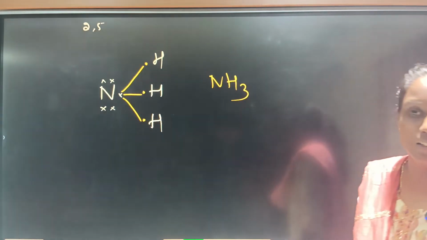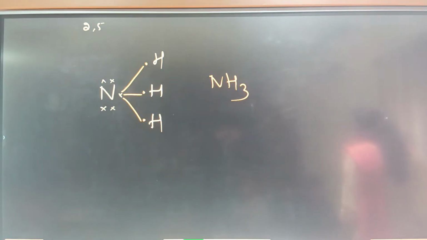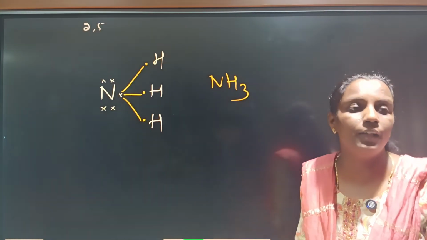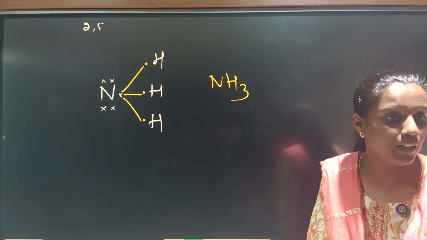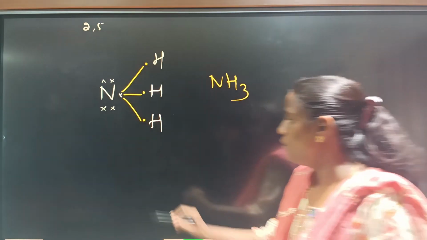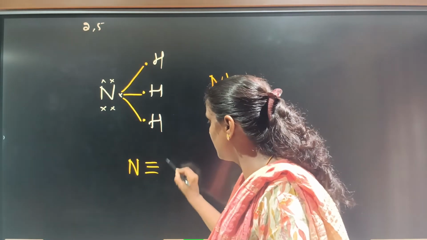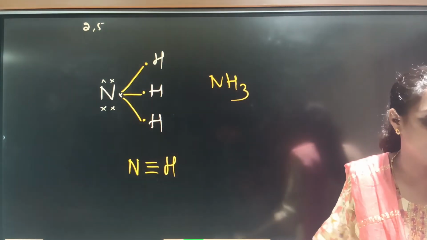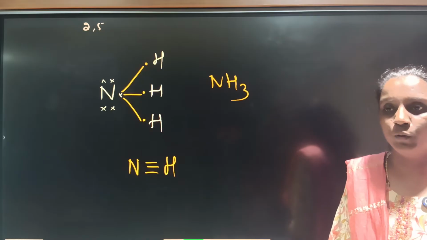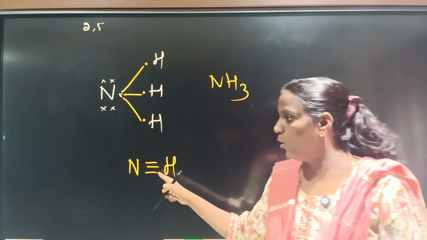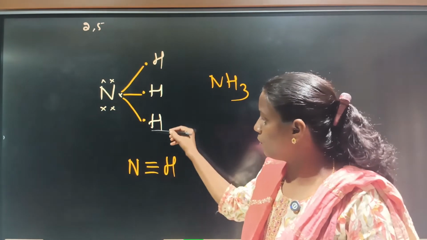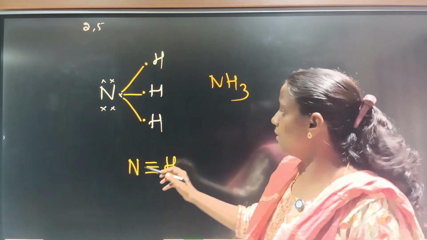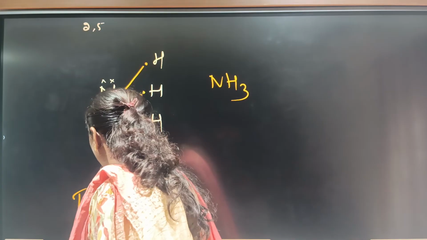What is NH3? Ammonia. Right? So ammonia is an example of a triple bond. So when I take N, like this we are going to show the hydrogens, the bonds in ammonia. So 3 bonds will be formed. It means that 3 hydrogen atoms are going to bond with it. Understood? So this we call a triple bond.